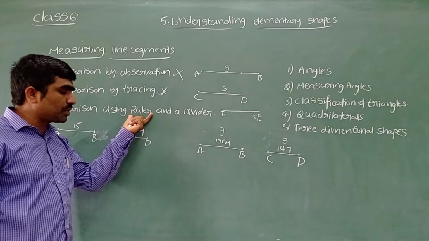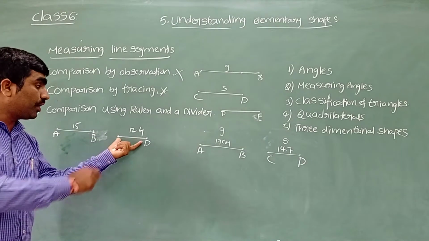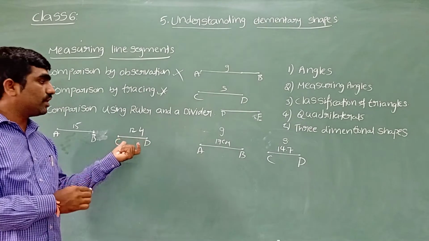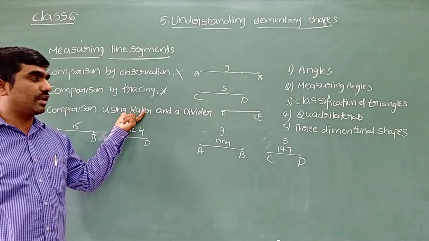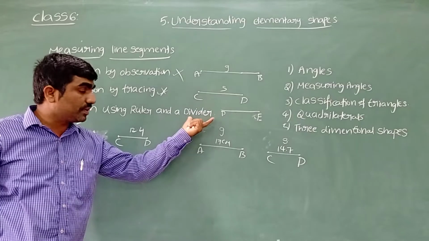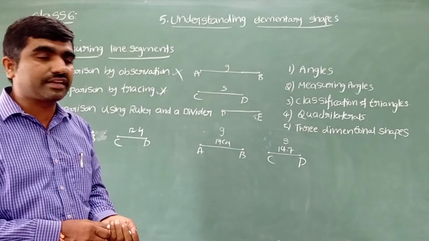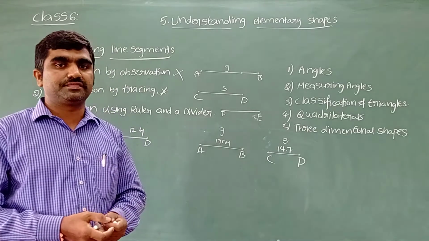When I measure with a ruler, there is a problem with the position of the scale or angular viewing; you should take the point exactly vertically. So even measuring with a scale, we can see a bit of errors because of angular viewing. But when you measure with a divider, we can get the accurate, exact length of the line segment so that we can do the comparison.